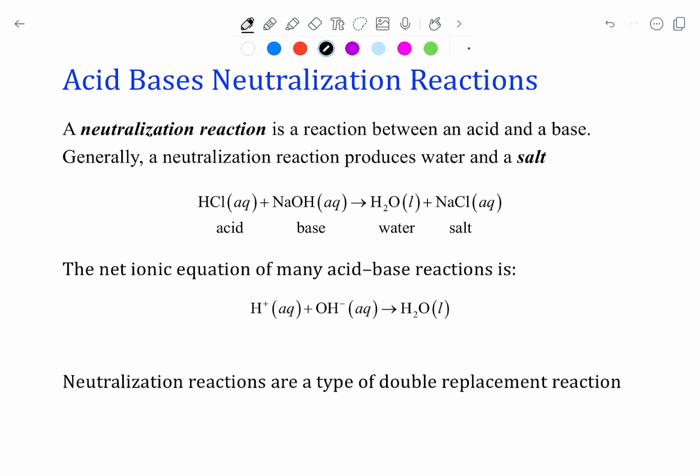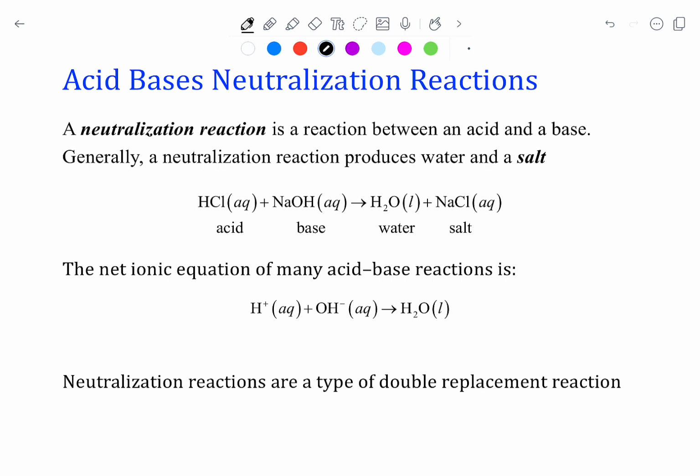Hydrochloric acid is our acid, sodium hydroxide is our base, and their products are now water and a salt, sodium chloride. The net ionic equation of many acid and base reactions is H plus and OH minus react to create H2O liquid.